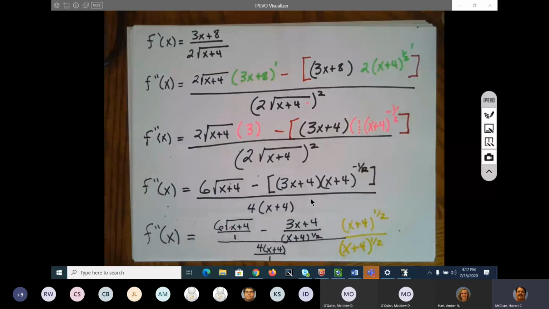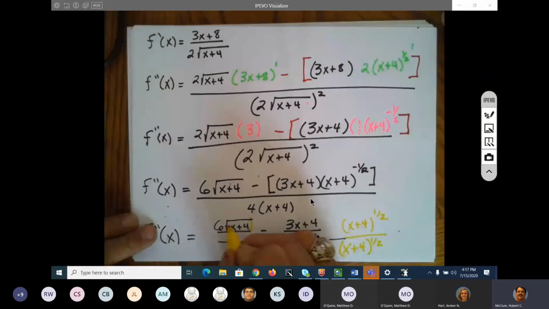I'm going to get rid of that fraction by multiplying through by the common denominator over the common denominator. So go ahead and do that. Now remember, this is x plus 4 to the 1/2. So you're going to add the exponents.